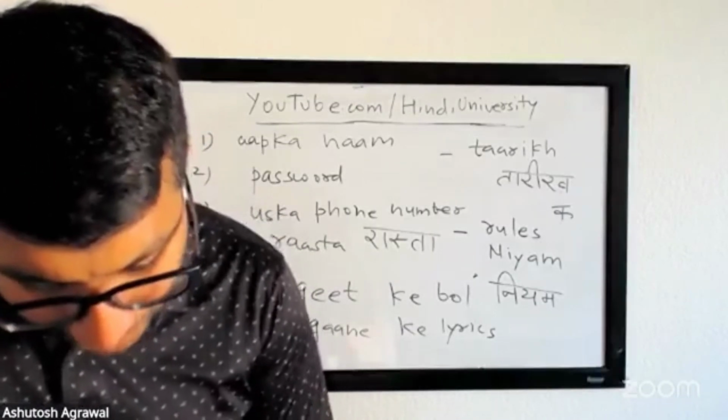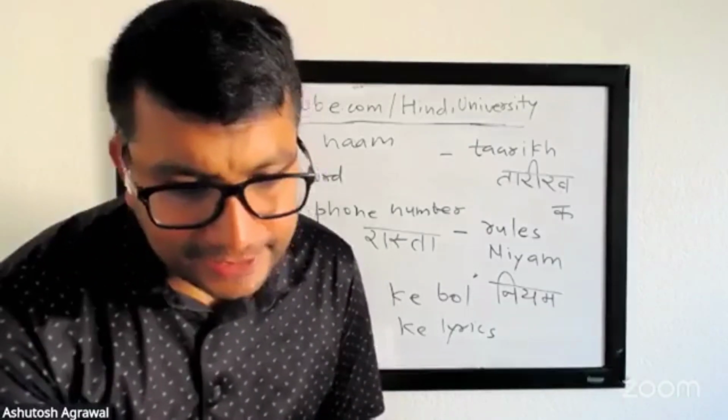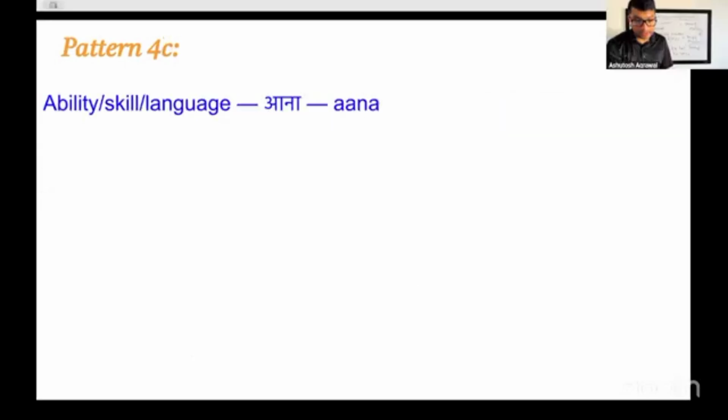Okay, so now we will move on to the next thing, which is related to the same pattern. Something comes to your mind or brain, which is a skill or a language or an ability.